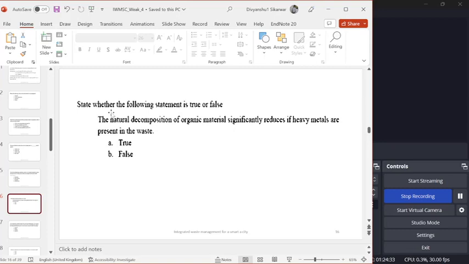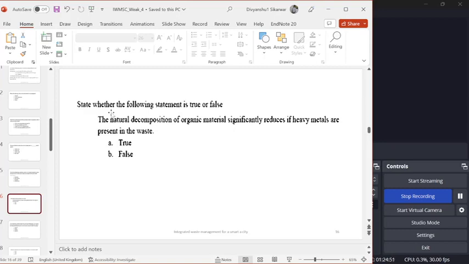Sir, do you want to support your answer with any justification? Why? Natural decomposition of organic material significantly reduces if heavy metals are present in the waste.